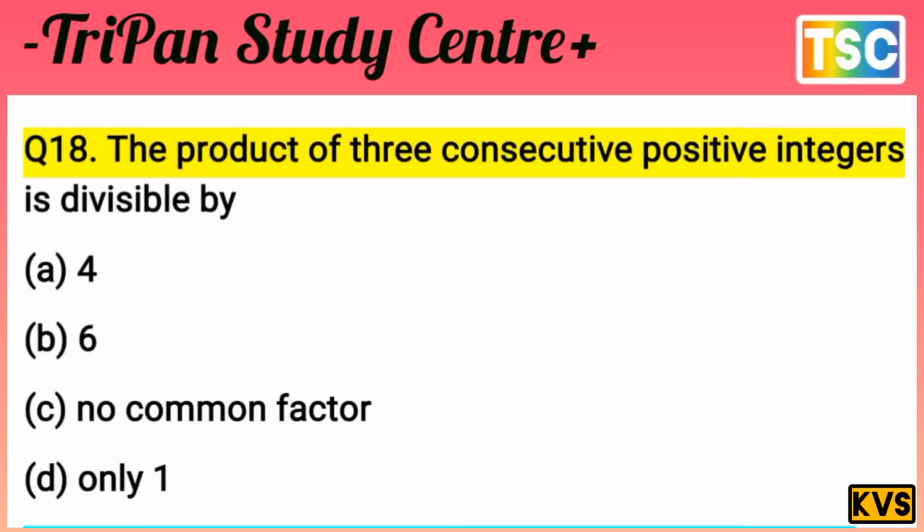The next question on your screen. The product of three consecutive positive integers is divisible by: option A, 4; option B, 6; option C, no common factor; and option D, only 1.